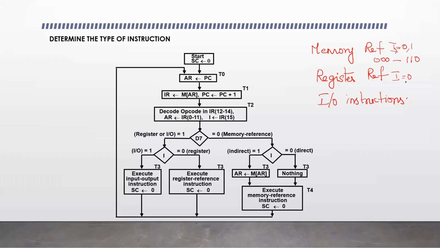For register reference instructions, I is always 0 and opcode is always 111. For IO instructions, I is always 1 and opcode is 111. So this flowchart shows these operations, whatever we have discussed until now.